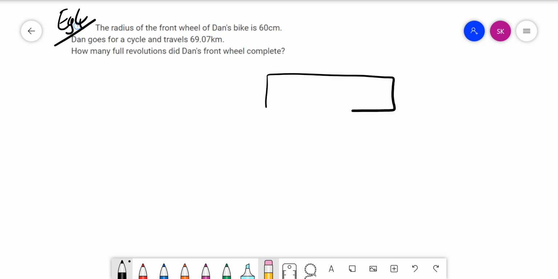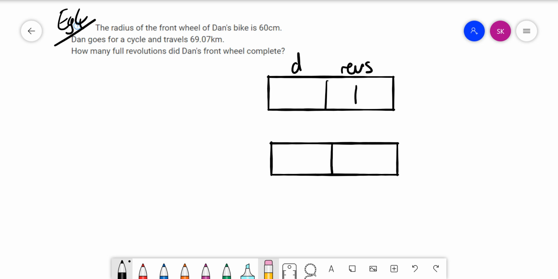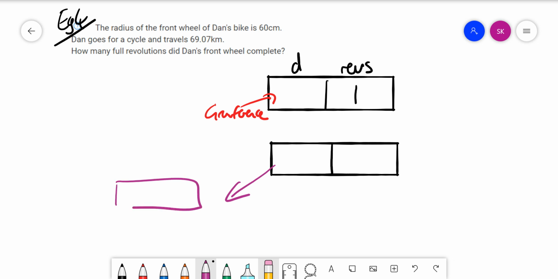So our strategy, before we draw the diagram and all that stuff: revs, distance, 1. We need to figure out this is the circumference, and we know the total distance he travelled, 69.07 kilometers. So we need to figure out what this is in terms of centimeters. Two conversions, two box methods.